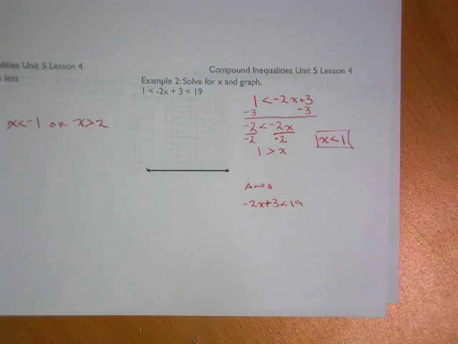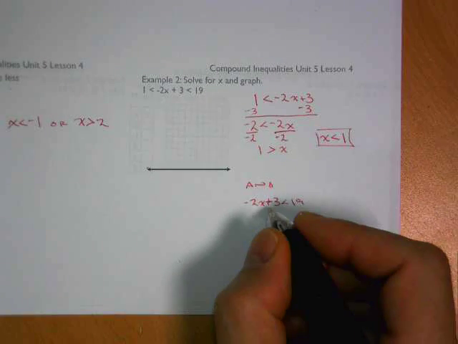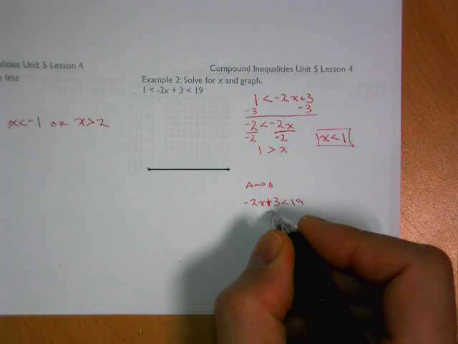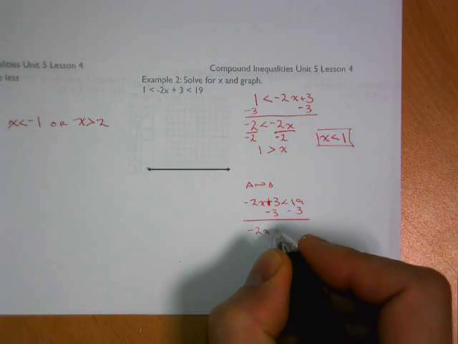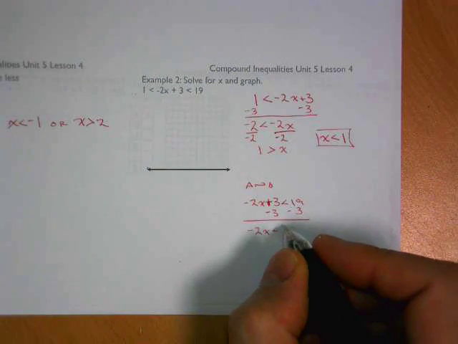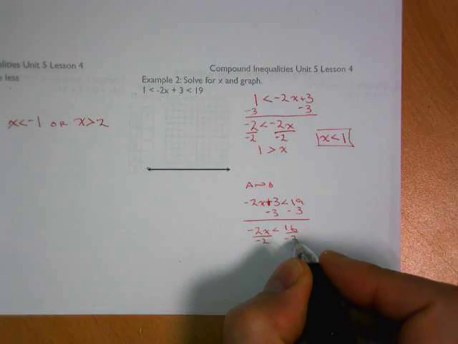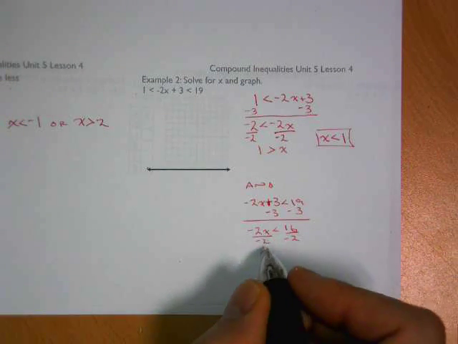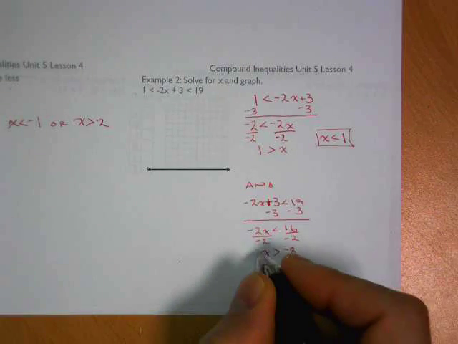So I have x is less than 1, and now we need to solve the second one. So I subtract 3 from both sides. Now I've got -2x is less than 16, and then divide both sides by -2, and again now I have to switch the sign because I divided by a negative: x is greater than -8.